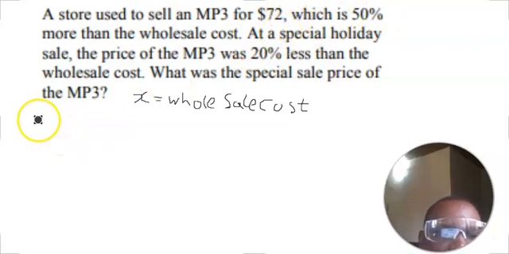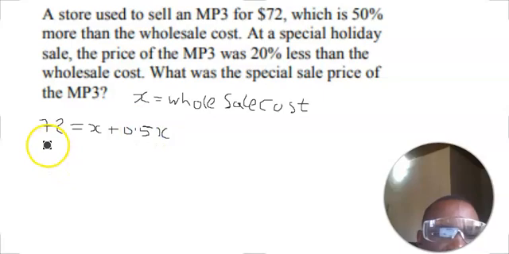I'm going to generate an equation that $72 is equal to x, which is the wholesale cost, plus 50% of x, which is 0.5x. You understand that? So 72 is equal to 1.5x.